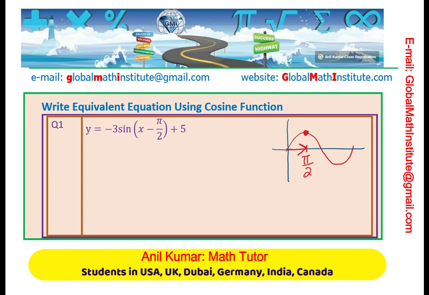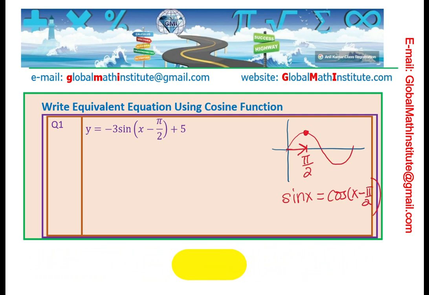So what you see here is that a sine function can be written as, if I have sine x, I could write this as a cosine function, cos of x minus pi by 2, because the cos wave has moved pi by 2 to the right.